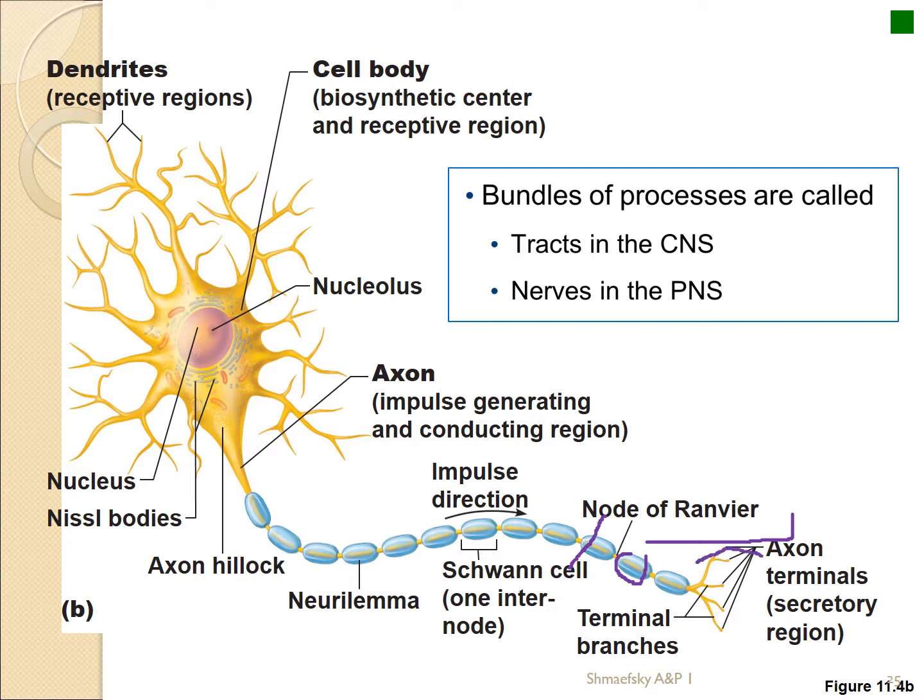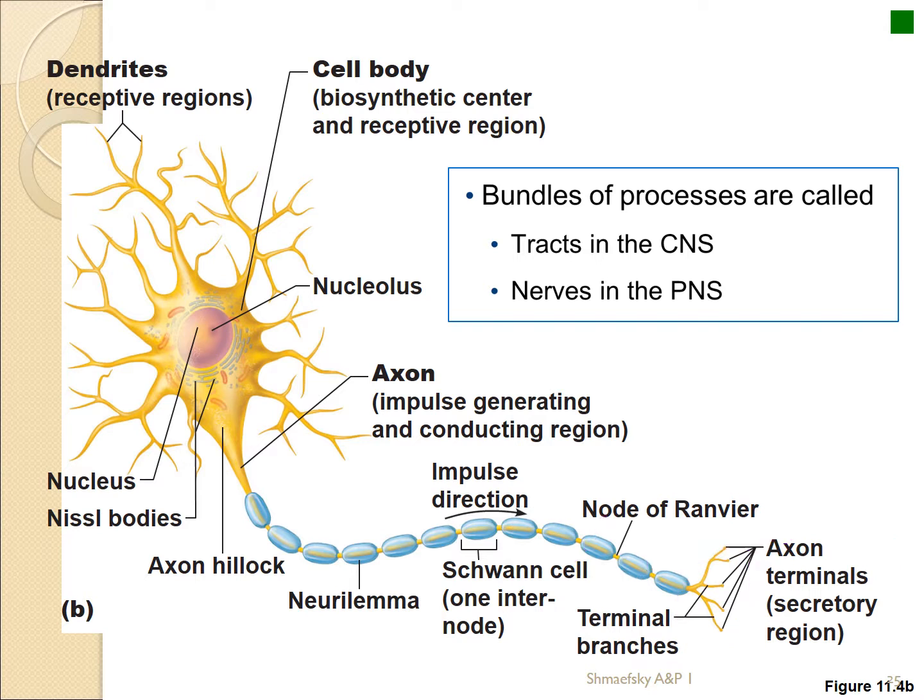And then at the end, we have what's called the axon terminus. Some people call it the bouton because it looks like a tiny little button under the microscope, and it's from the French word bouton. So this is what conveys information from one neuron to another or to a structure that this neuron is going to control.